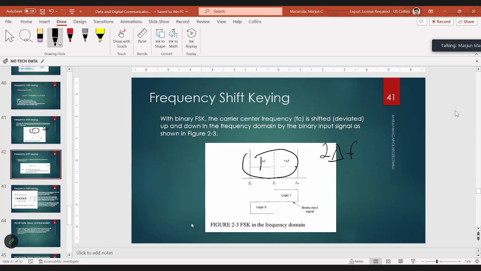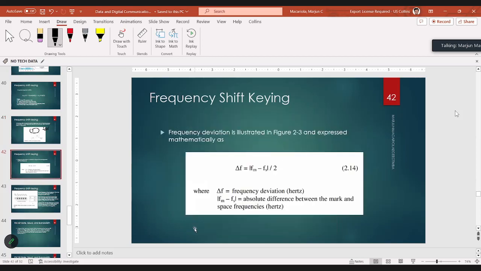Next. So, frequency shifting. There is a frequency deviation, so that is equal to the absolute value. Remember, it should be an absolute value, because we don't have negative value for frequency.